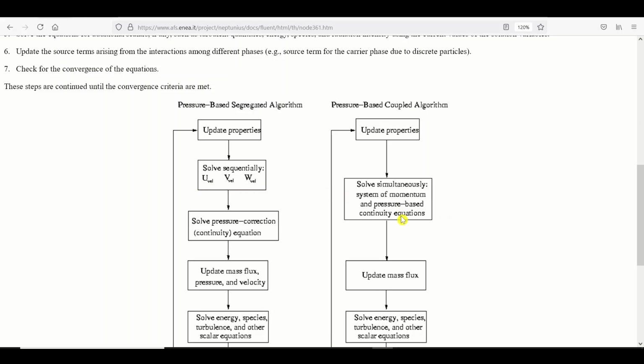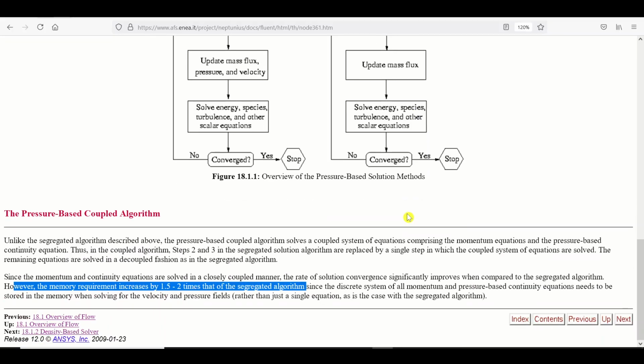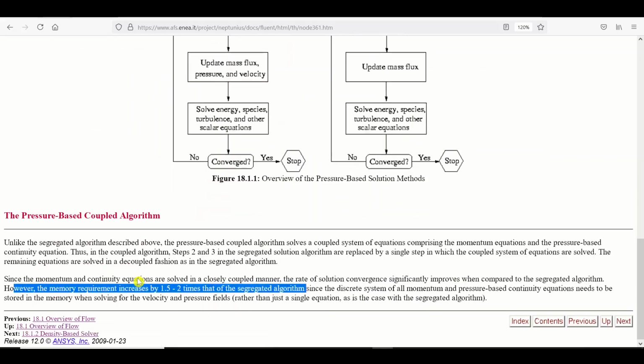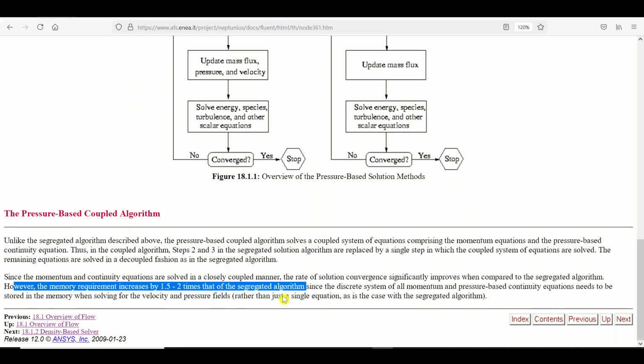Then we will have the pressure-based continuity equation. So because of the overload, in simple language, it requires a lot of RAM, and the memory requirement will be approximately 1.5 to 2 times that of the segregated algorithm. All right, so this is what is mentioned over here.